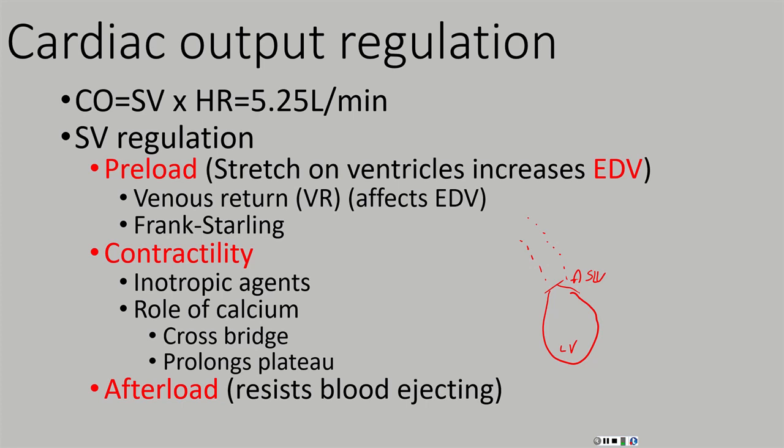So the afterload is the pressure in the aorta prior to ventricular ejection. So when the ventricle is in diastole. Well, when we looked at our 120/75, the top number is the systolic pressure. The bottom number is the diastolic pressure.